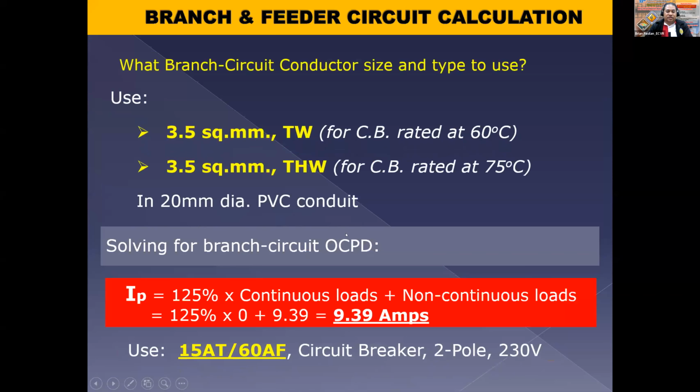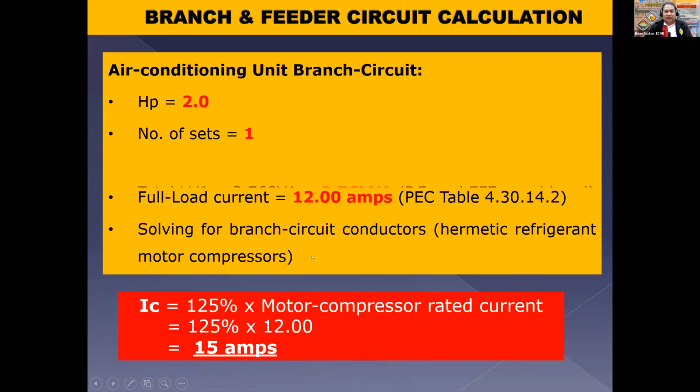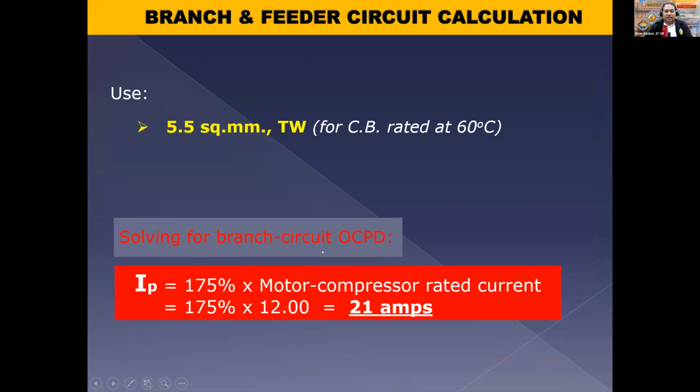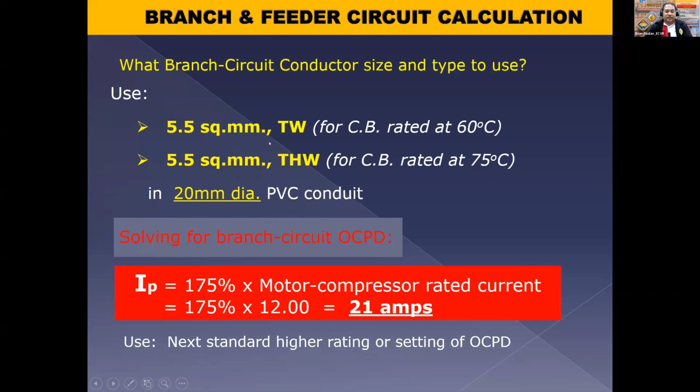So 125% times 12 is 15 amperes, no? So let's look at the table. Ano yung conductor natin? So I use 5.5 square millimeters, no? At 60 degrees even for 75 degrees. Okay. So pwede na namang gamitin yung 3.5, no? Really your choice, no? Okay.